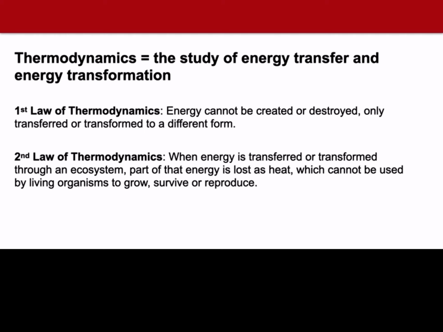Most of the original energy from the sun will be lost as heat as it moves through the ecosystem. This heat cannot be used by organisms to grow, survive, and reproduce. The second law of thermodynamics essentially limits the total number of organisms that can live within an ecosystem.